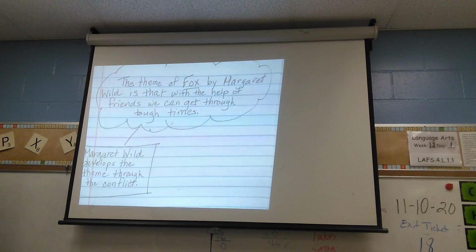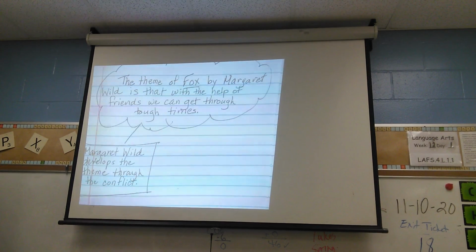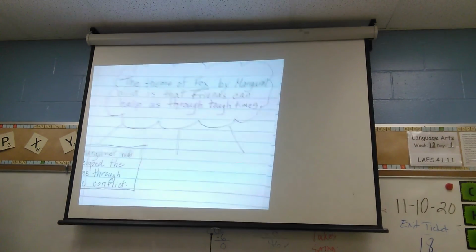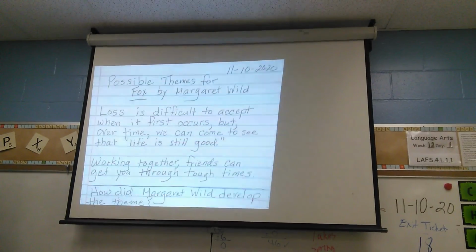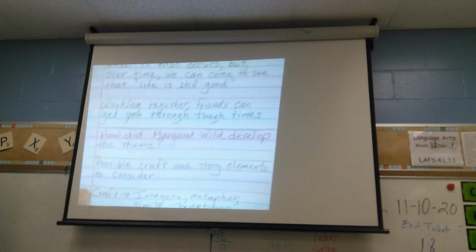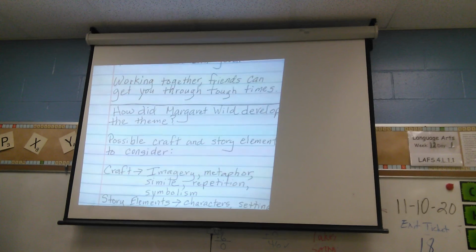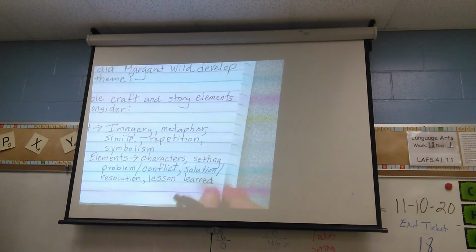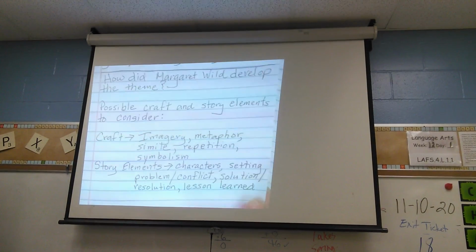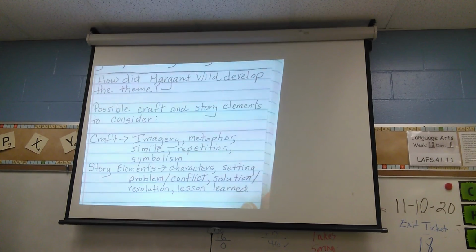So you can use what we just wrote in here as possible craft or story elements. You can use your charts that are in your green packet. Make sure you're using fiction author's craft and story element definitions.